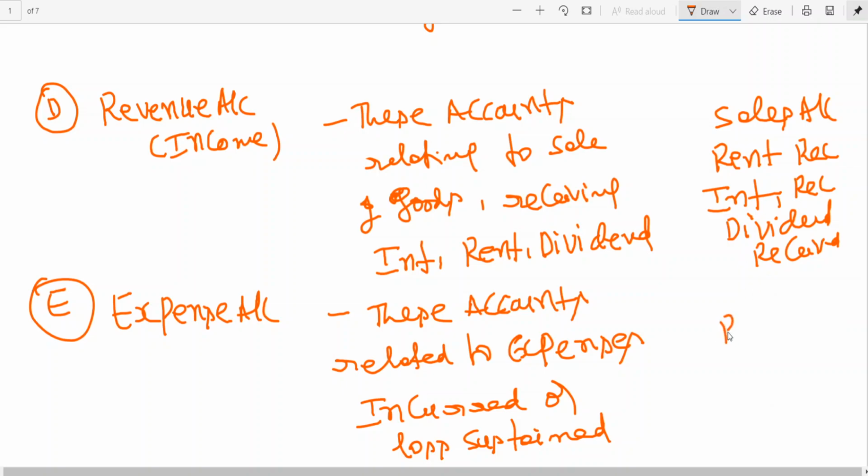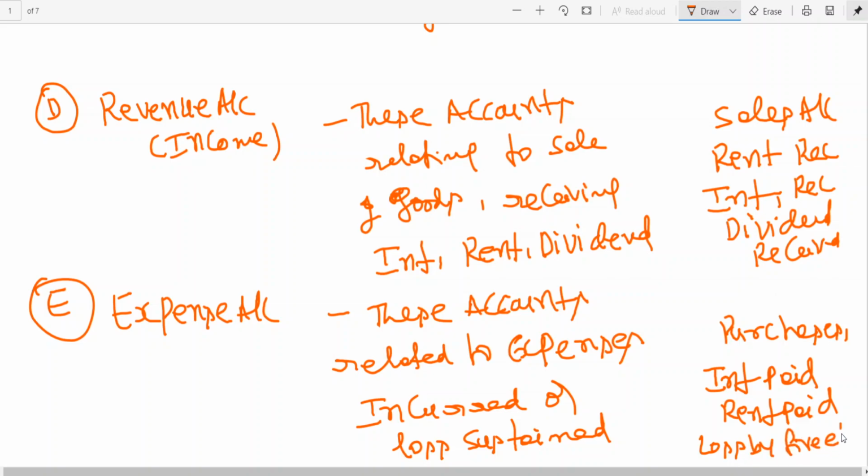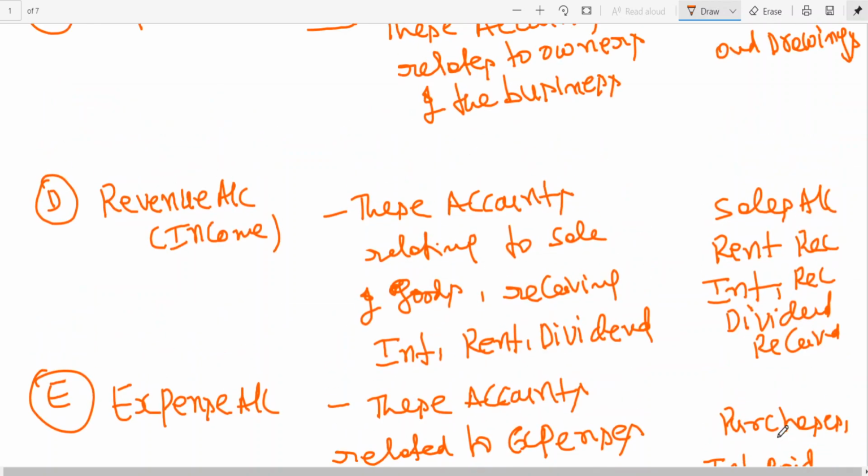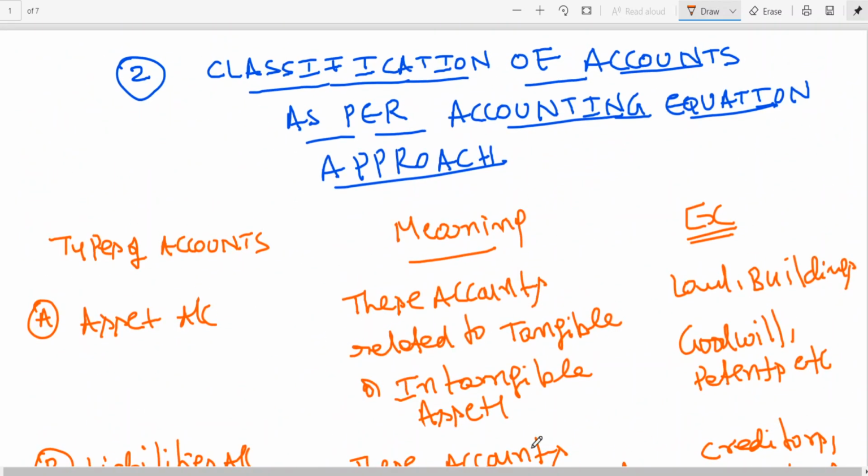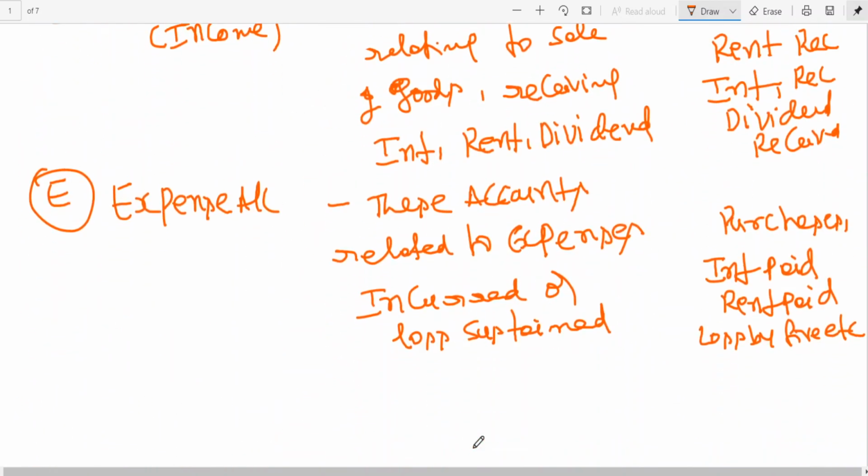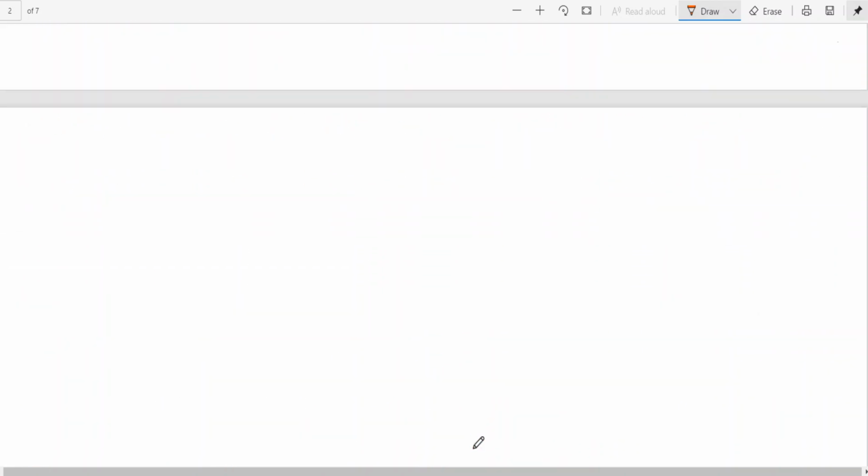Example: purchases, not sales, purchases, interest paid, rent paid, loss by fire, etc. So today you learned classification of accounts as per accounting equation approach. Okay.